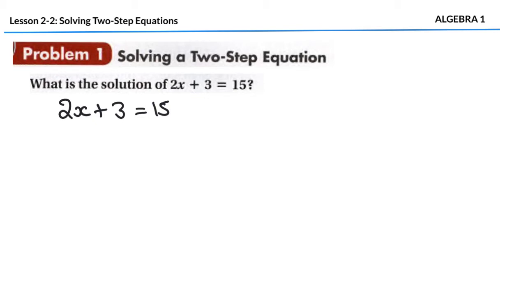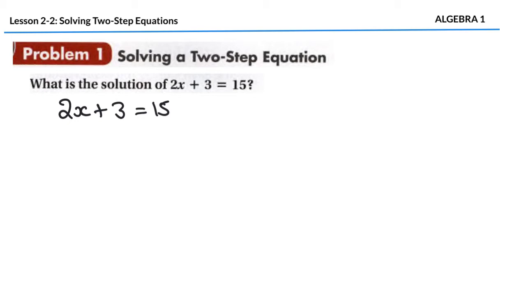So, can you guess what is it that we will remove first? Is it multiplication or addition? Remember, in solving equations, we perform the order of operations in the reverse. So we will remove plus 3 first. How will you remove plus 3?